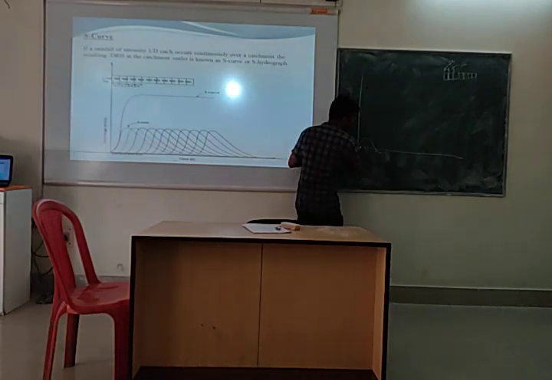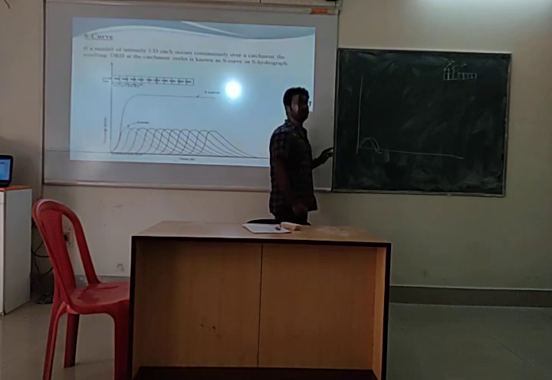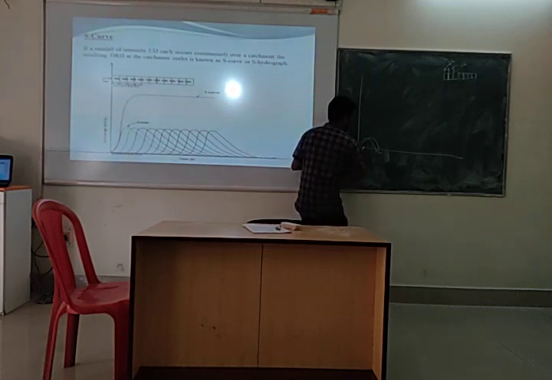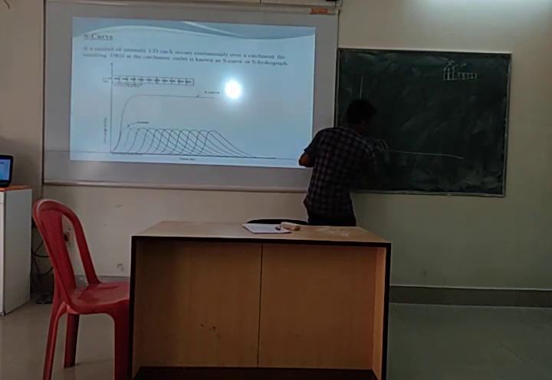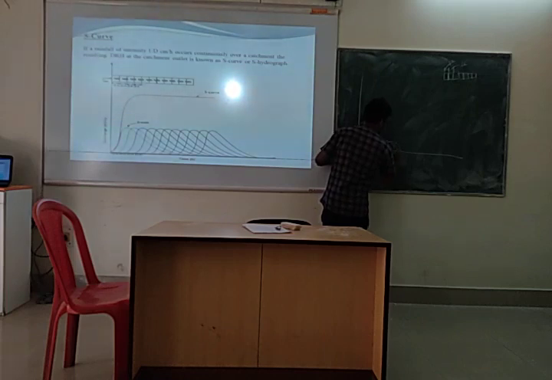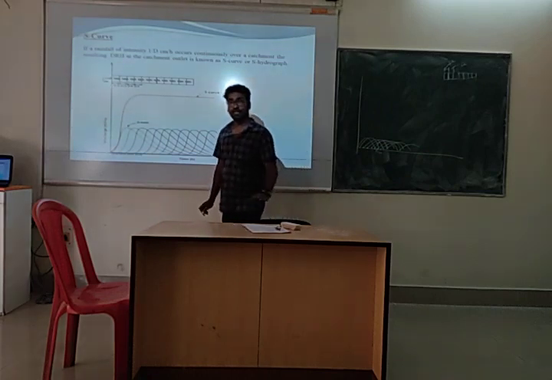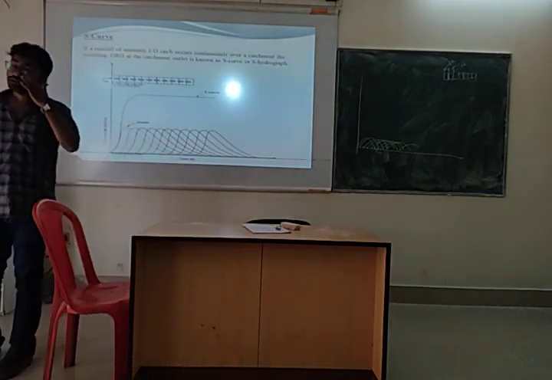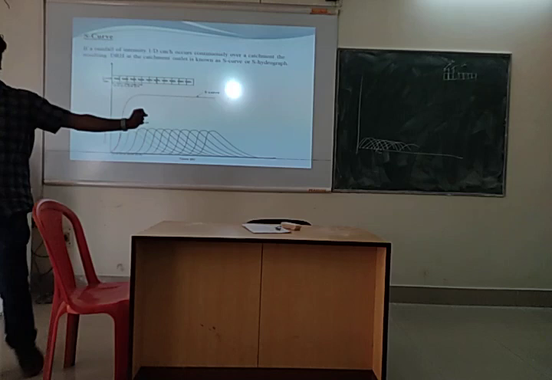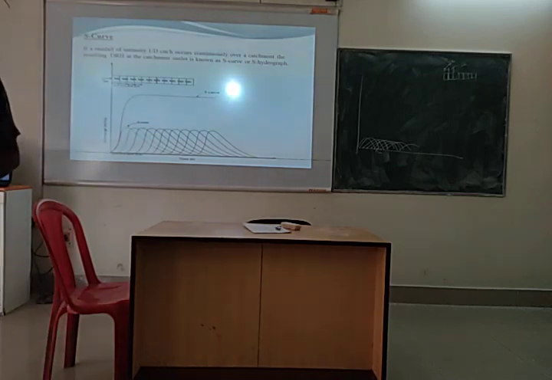Obviously, after 2 hours, another unit hydrograph will be there. So continuously we will get hydrographs and so on. Each of the curves is a unit hydrograph for 2 hours of effective rainfall.